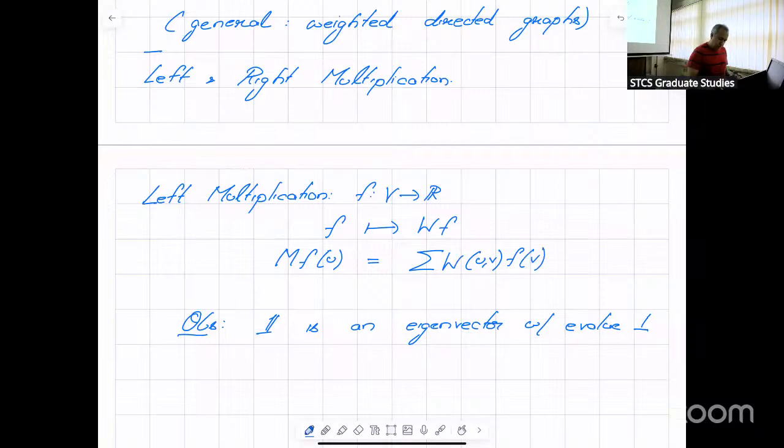So this is Wf(U), we have defined it. This is how matrix multiplication works. The U-th entry of Wf is exactly the summation over V of W(U,V) f(V). Notice that this sums to 1. So this is an averaging. So f(U) is only going to get averaged out, and the eigenvalues can never be larger than 1.